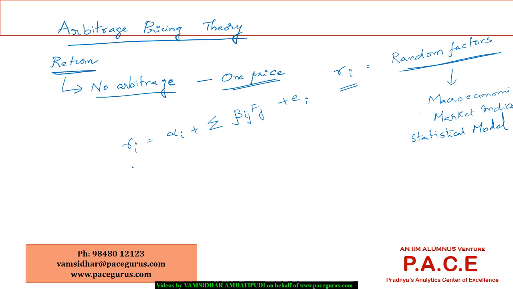So this is the kind of equation that is used for arbitrage pricing theory. There are different kinds of factors: macroeconomic, company specific, market specific.